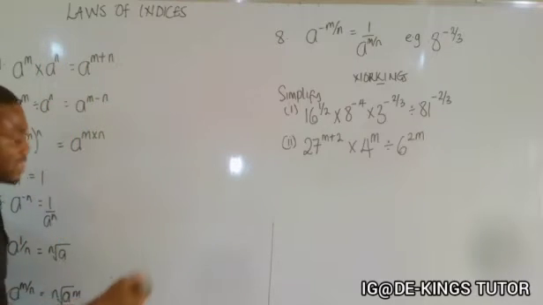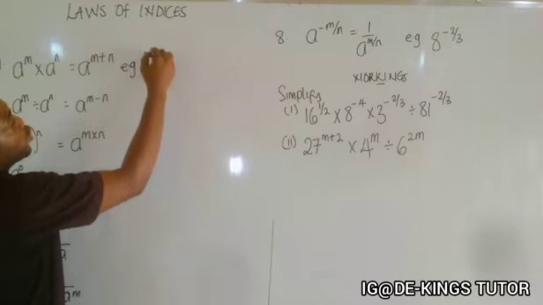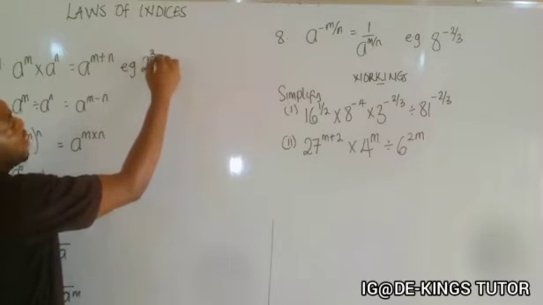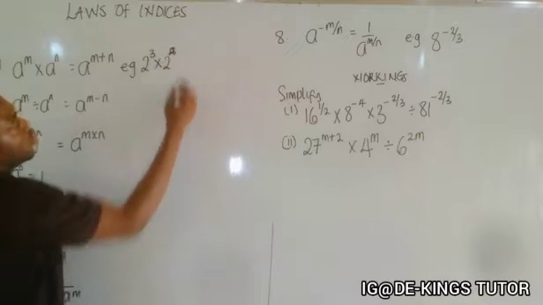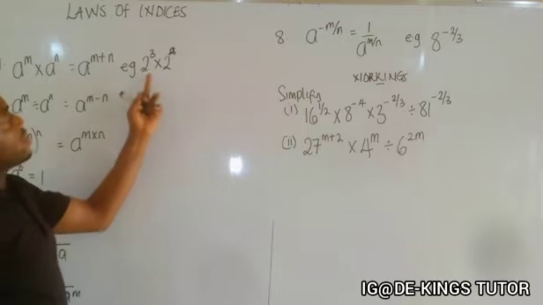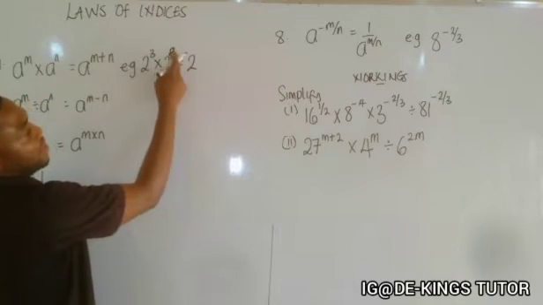For instance, if we have 2 raised to the power 3 times 2 raised to the power 2, since the bases are the same, I take one of them and add the powers.